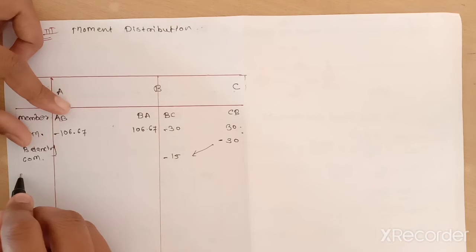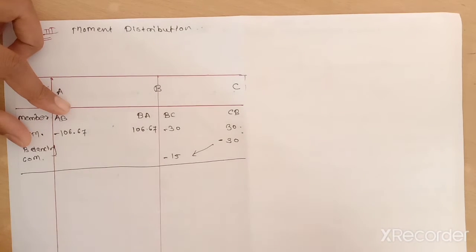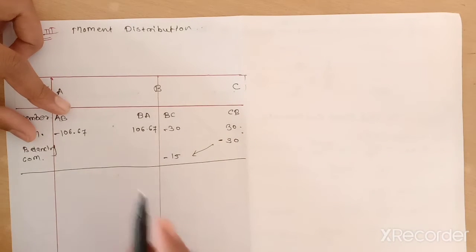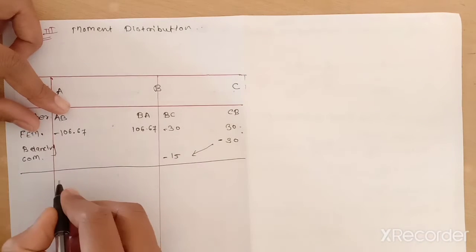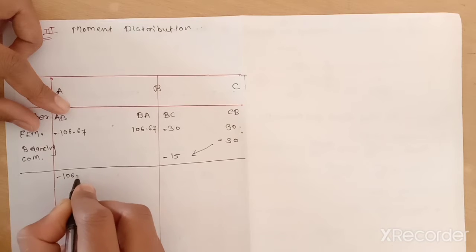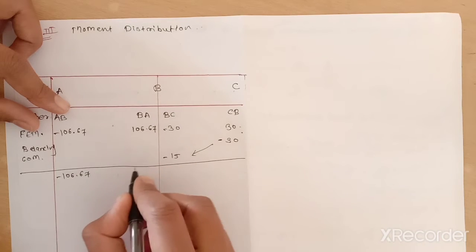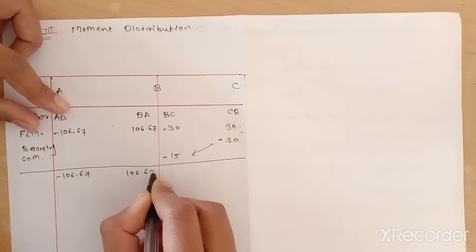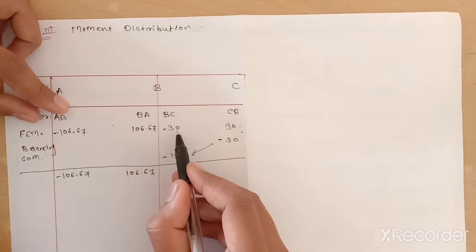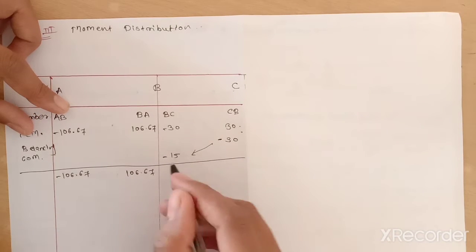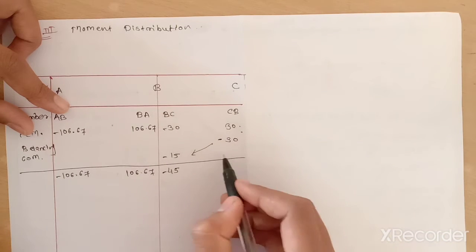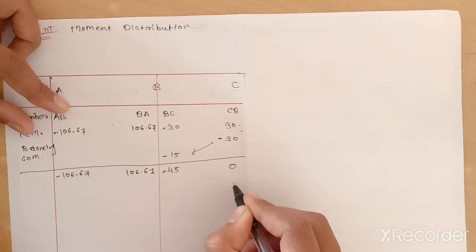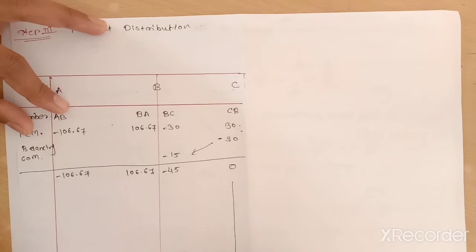So balancing this moment because our C support is not a fixed support. So next, addition of all these values: here minus 106.67, here 106.67, then here minus 30 minus 15 is nothing but minus 45, and here plus 30 minus 30 is equal to 0. Okay, C support is balanced.